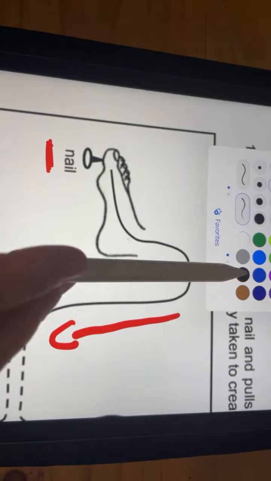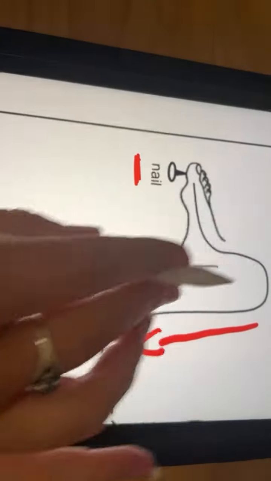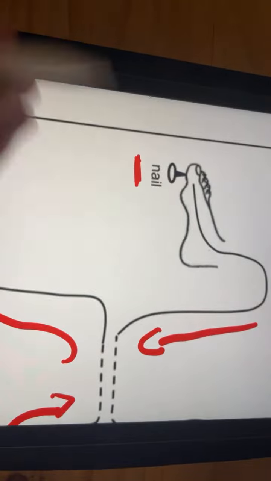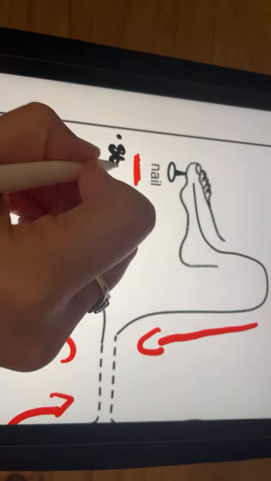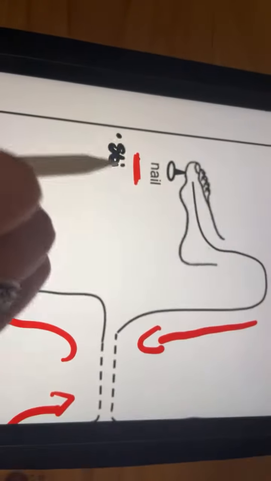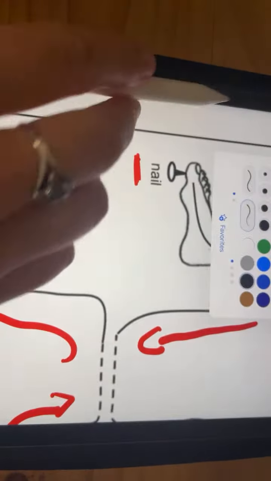So I just want to point out something that when we do this in class, a lot of people don't use their terminology correctly. And this is why. Let me show you. If this is the foot, there are a couple of keywords that I suggest that you all know. Number one, you need to know that this is where the stimulus comes from. Let's make this pen a little bit thinner. Okay.